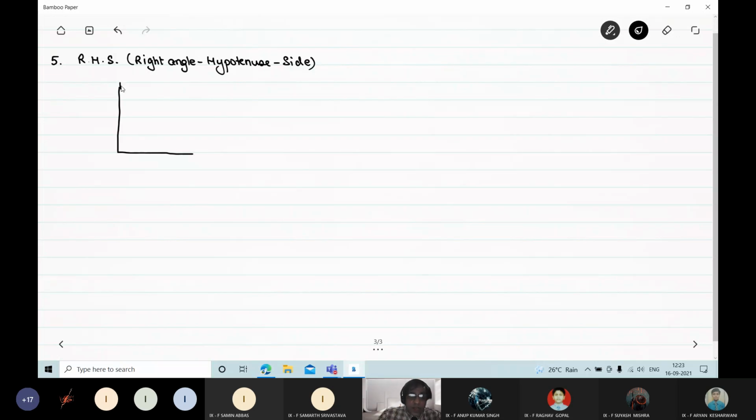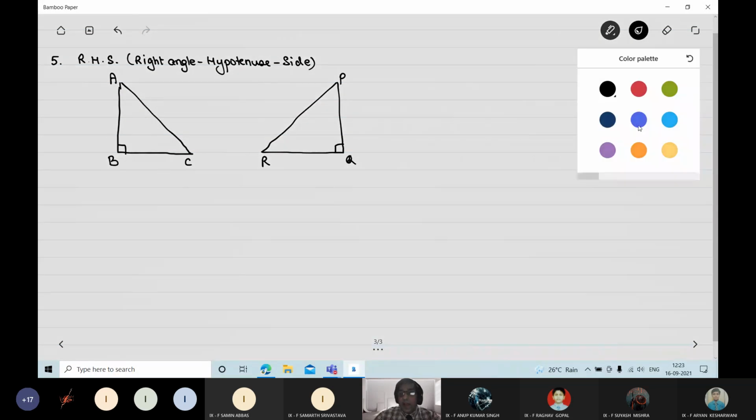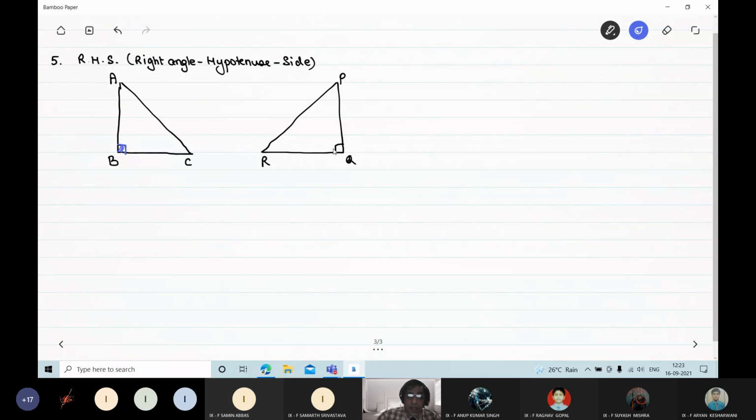So if this is a right angle triangle, let's say ABC, which is right angled at B, and this is another right angle triangle, let's say P, Q, and R. So first condition, that one angle should be a right angle, that is being satisfied already because angle B is a right angle and here angle Q is a right angle.